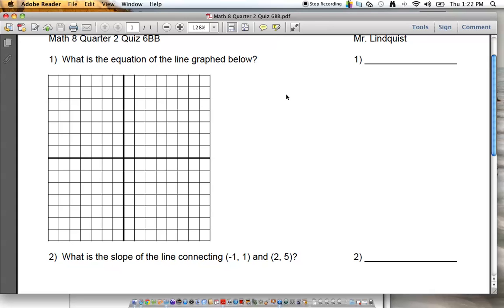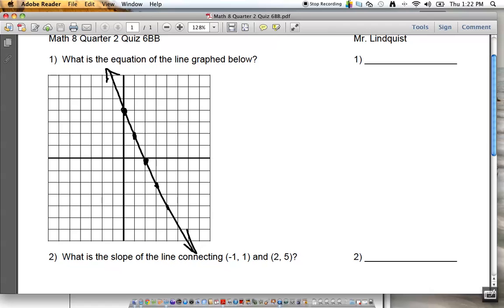The first thing I want to talk about is the line that was graphed and what the correct equation of that line was. And the good news is that the vast majority of people got this right. The question was, what is the correct equation of this line?